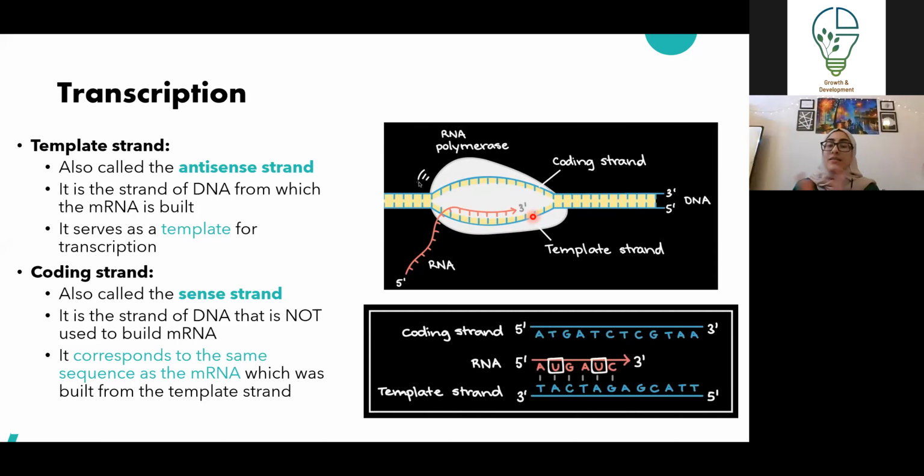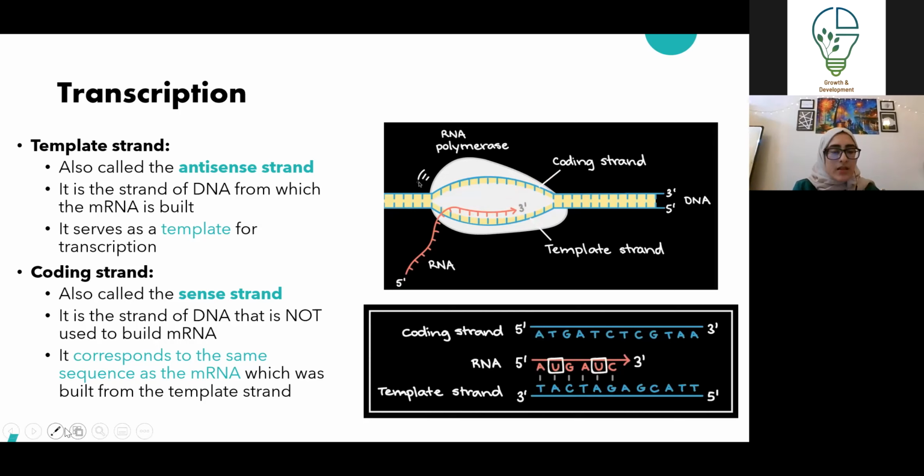That's what's called the template strand. So the mRNA that is produced does not match the template strand. It's complementary, but it's not identical. However, the coding strand is the strand which is in fact identical to the RNA that is produced.